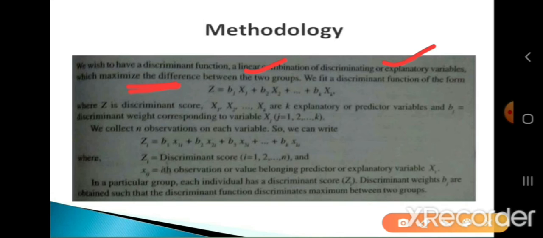The discriminant function is written in the form z = b1x1 + b2x2 and so on up to bkxk, where z is our discriminant score, and x1, x2, x3 are predictor or explanatory variables, and bj is the discriminant weight corresponding to the given variable. Now suppose we have n observations for each variable, so we can separately calculate the discriminant score for each group.